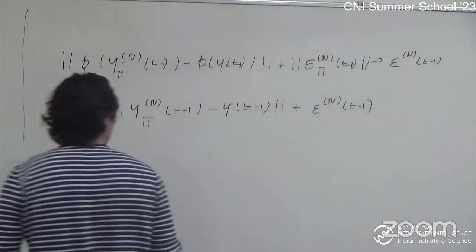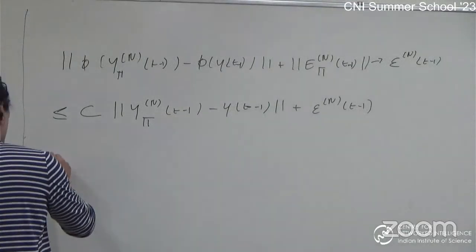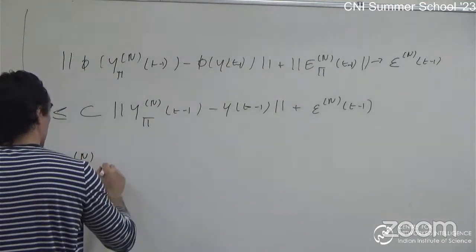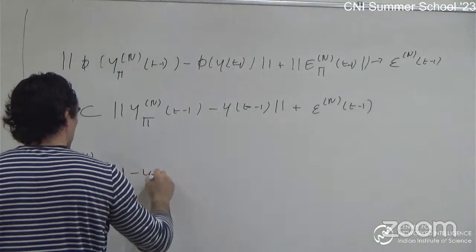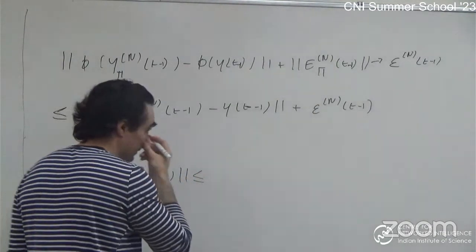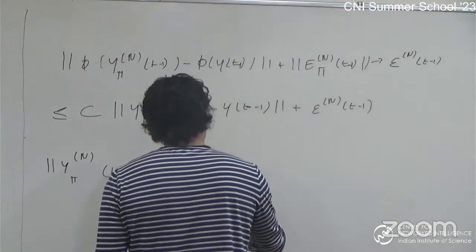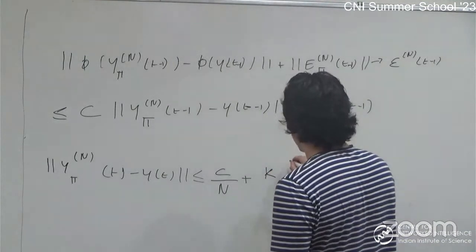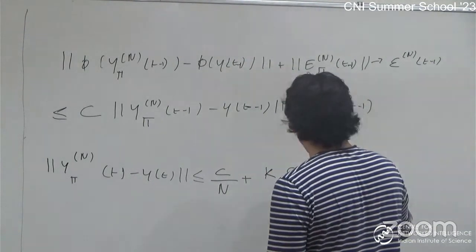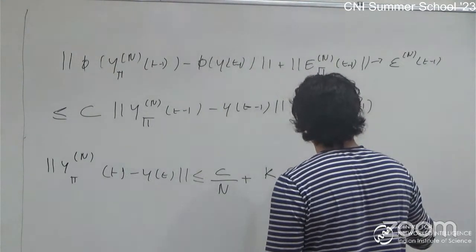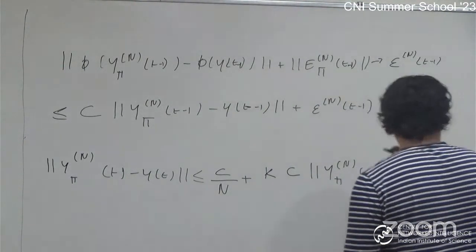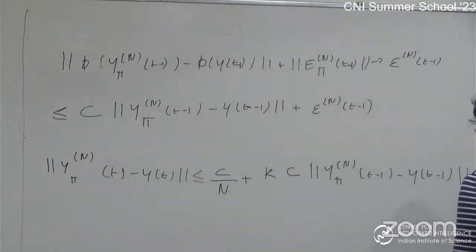So if I have to summarize the equation, what do I have? I have yn of t minus y of t, which is smaller than t divided by n, plus a constant K multiplied by the distance of y phi n t minus 1 minus y minus 1, plus K times my error.